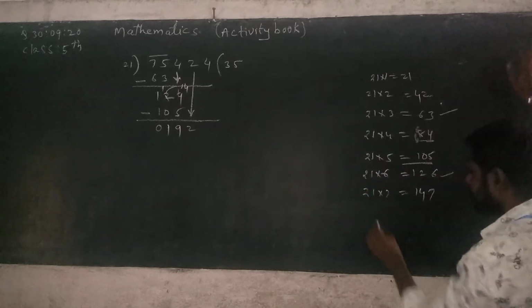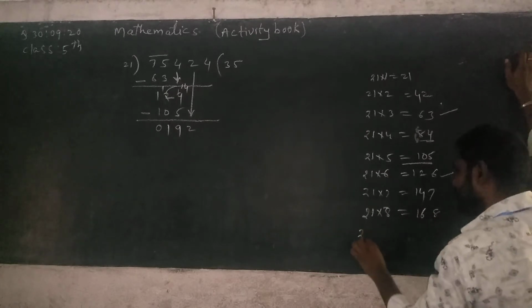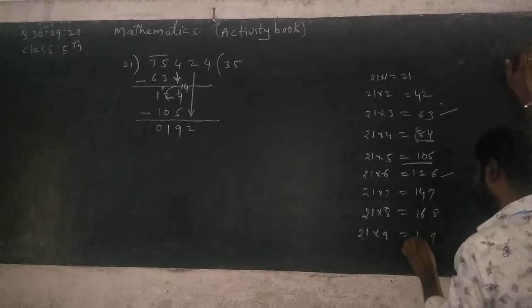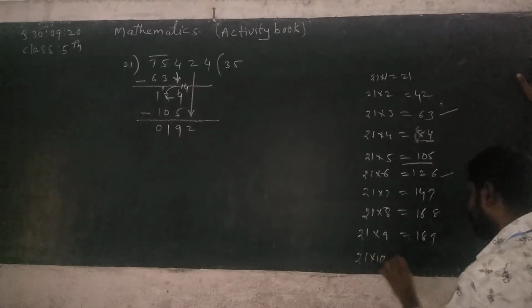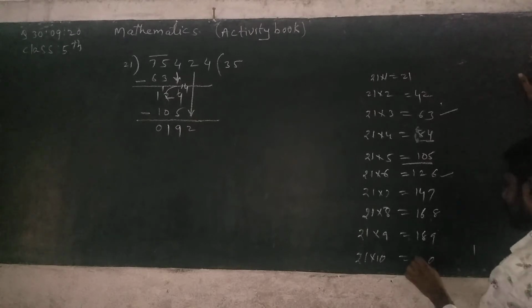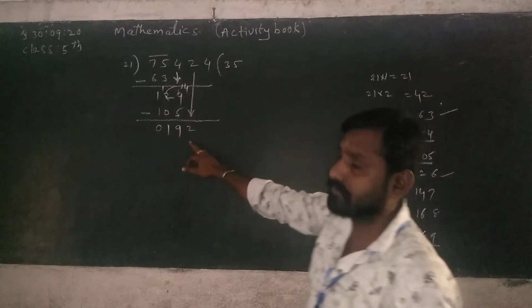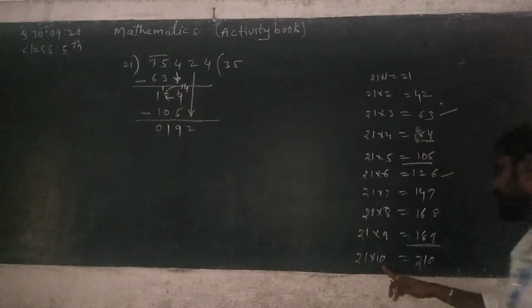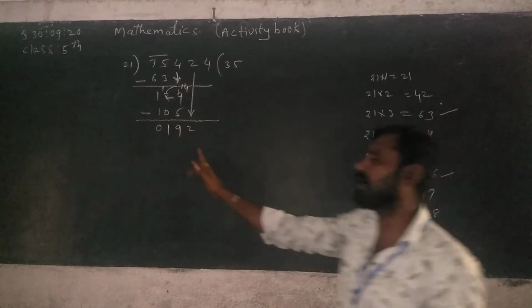192. See here, 21 eights are 168. 21 nines are 189. 21 tens are 210. 210 is more than 192.